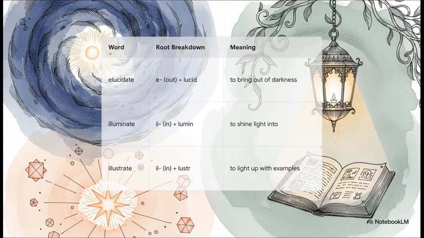So when you put it all together, you can see this really beautiful pattern. To elucidate is to bring an idea out of darkness. To illuminate is to shine light into a topic. And to illustrate is to make a concept shine. They're all different ways of making things clear, but they all come from different branches of the exact same light-bearing root.